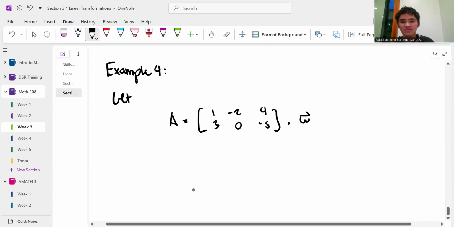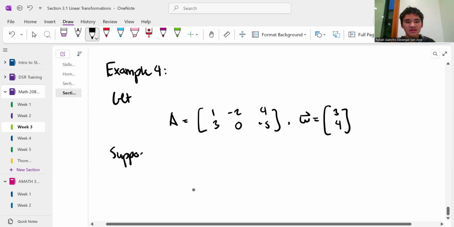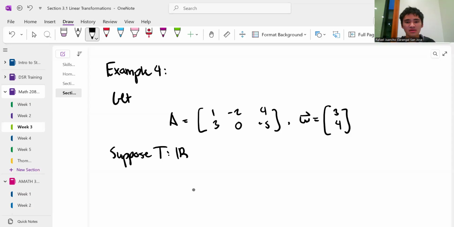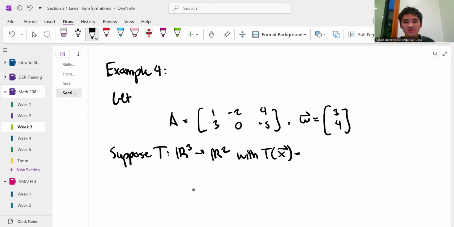Then we have a W vector, which is 3, 4. Now suppose we have a linear transformation T that goes from R3 to R2. And here we know that transforming it is the same as multiplying a vector with it.